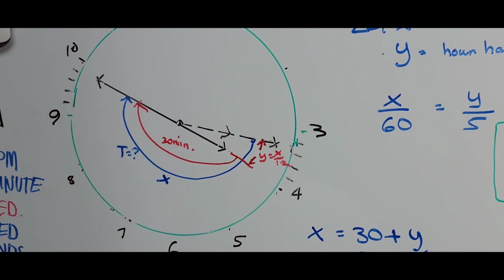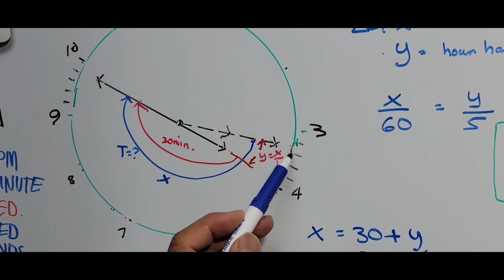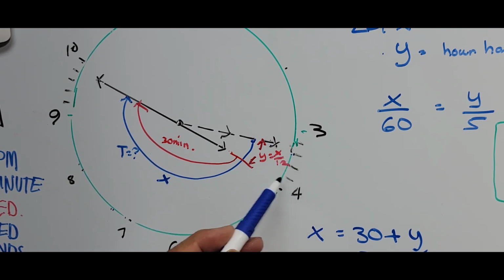So this is 32 minutes, 43.63 seconds. That means if this is 30, this is 2 minutes and 43.63 seconds. This distance right here, the movement of the hour hand, is 2 minutes and 43.63 seconds. So it's about right here.